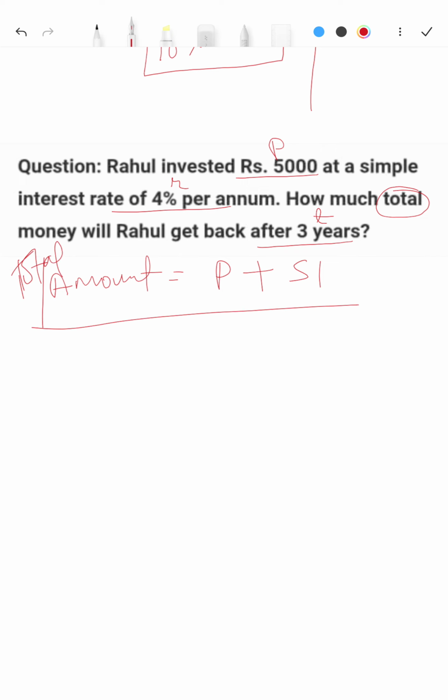Furthermore, you just have to apply simple interest equals principal into rate into time. Don't mind about capital letters or small letters, you just keep this in mind. So you just have to divide by 100 and put the values. Principal is 5,000 into rate is 4 into time is 3, divided by 100. 20 gets cancelled.